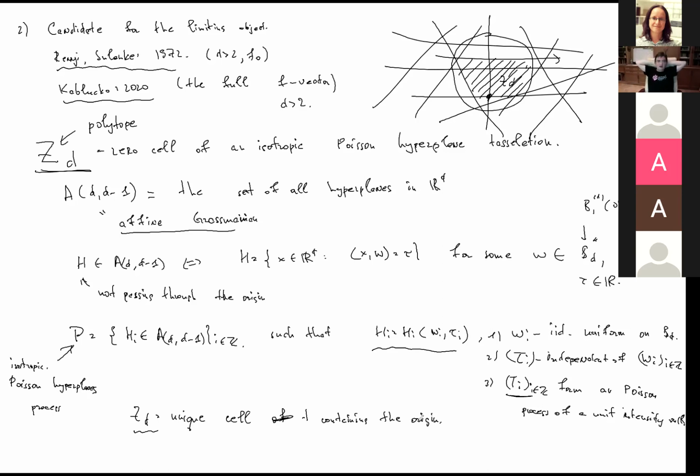How can we prove that it exists? As I mentioned, Z_d is a polytope, which was actually proved in this paper. But to be honest, I don't know the proof. It's intuitive that it must be a polytope, but the proof is not that easy, I guess.